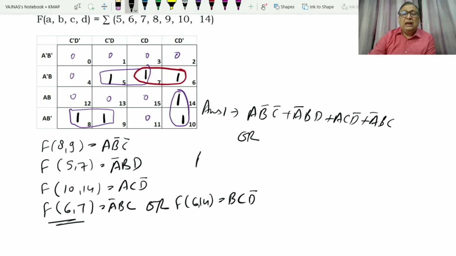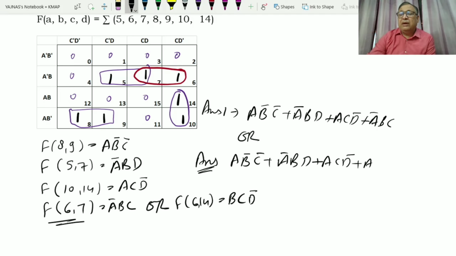And if you write the second answer where you consider 6, 14, the answer will be A B bar C bar plus A bar BD plus A CD bar plus BCD bar. If you consider this option of 6, 14, then F 6, 7 is the redundant group.